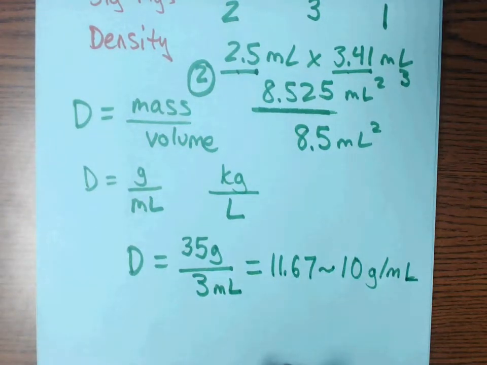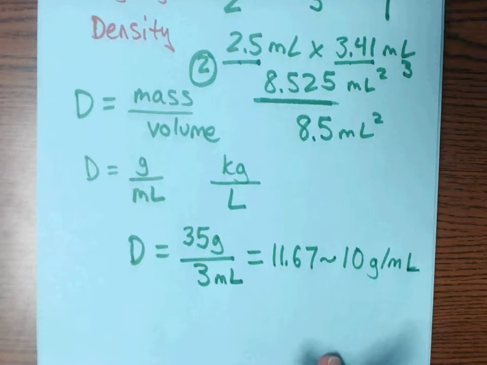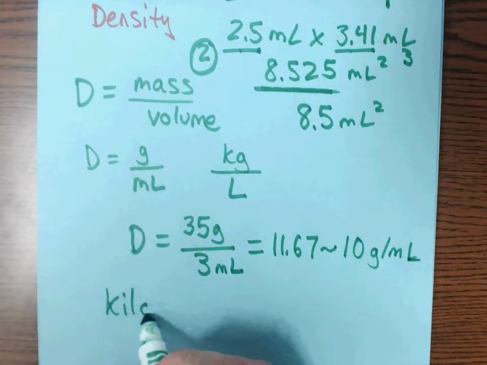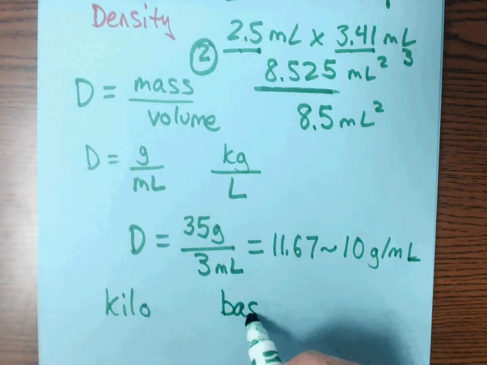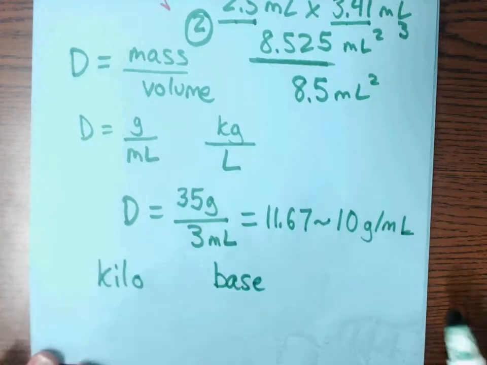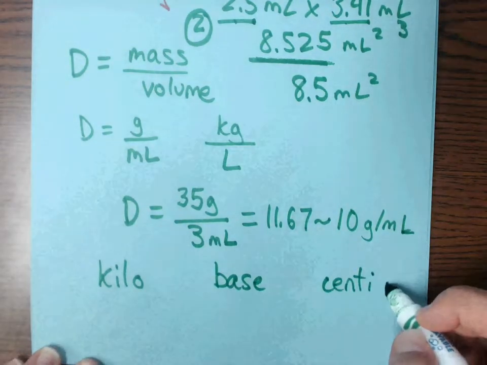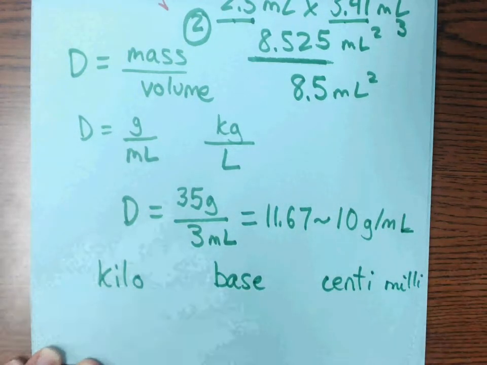Okay, really the only other important part with Unit 1, make sure you remember the metric system, so especially the relationship between kilo to our base unit, and then also make sure you know centi and milli. Those are the important ones.